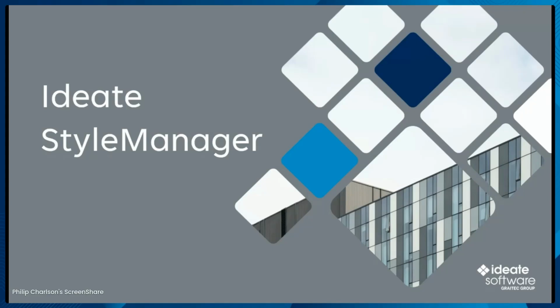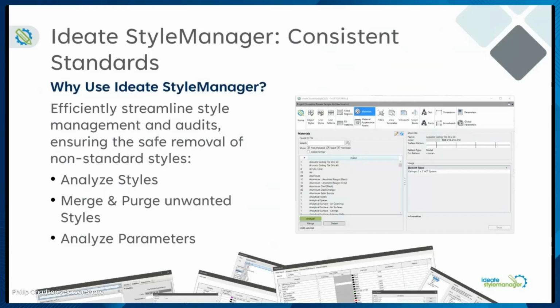We can also change information within there. So different items: line styles, materials that we're going to be looking at today, fill patterns. Those are some of the typical things that we can take a look at.